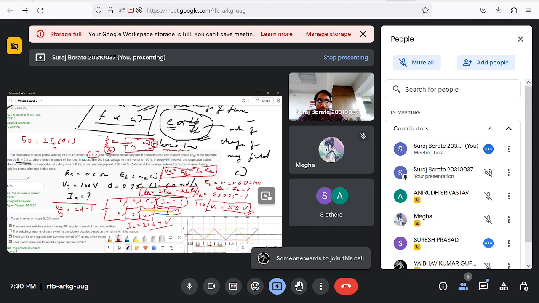That is the main difference, and as a result, PMSM kind of motors have a higher efficiency, and they are costlier also. So the main difference is their controls only. Okay, so this is the answer.